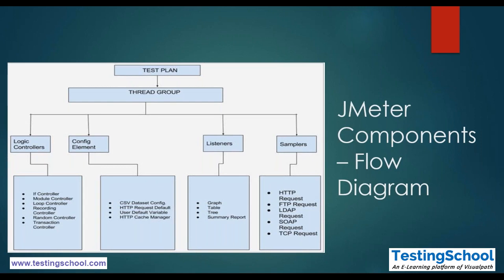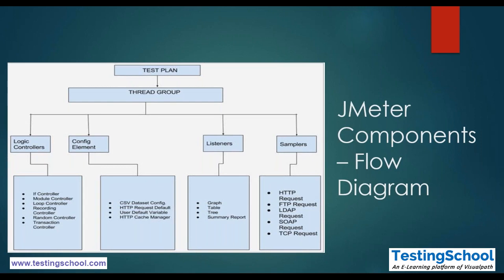Then inside thread group, there will be logic controllers such as if controller, module controller, loop controller. You might not be using all of those in your script, but at one point of time you have to come across these different logic controllers. Apart from this, there will be config elements.